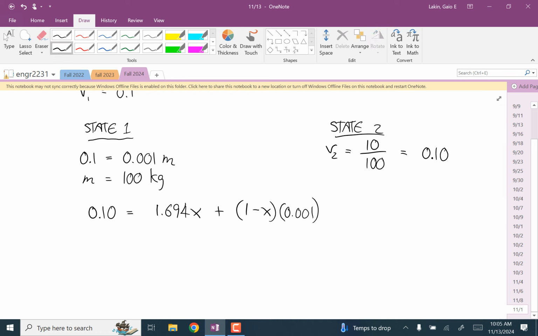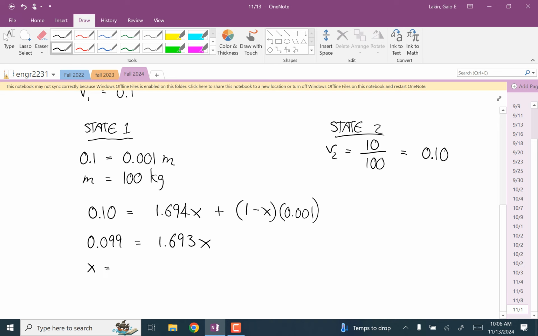So let's see. This is 0.099 is equal to 1.693x.